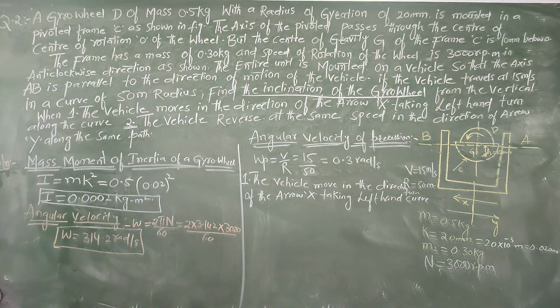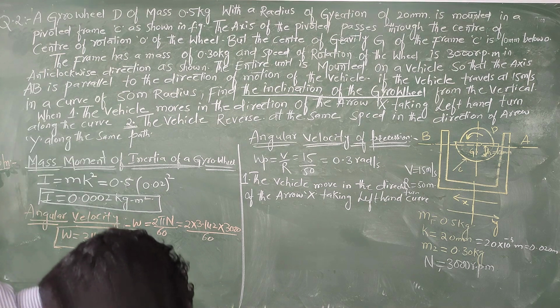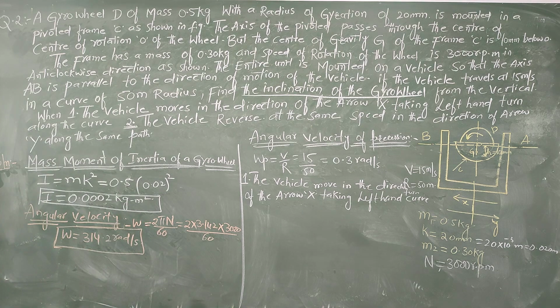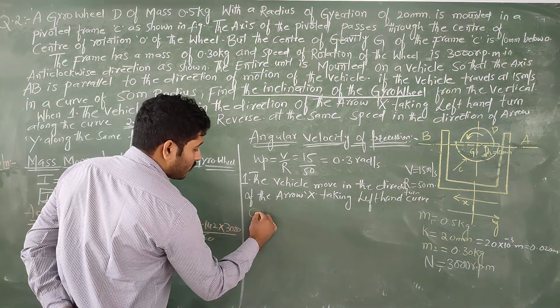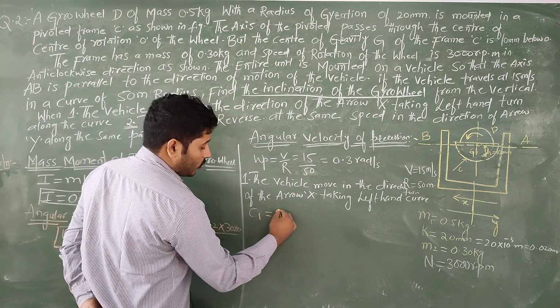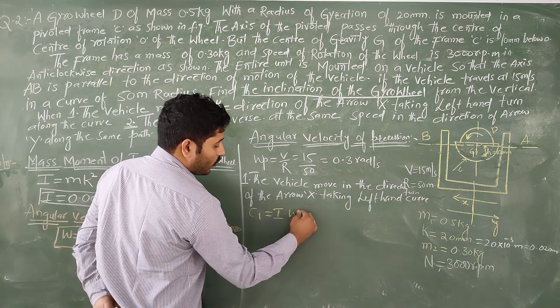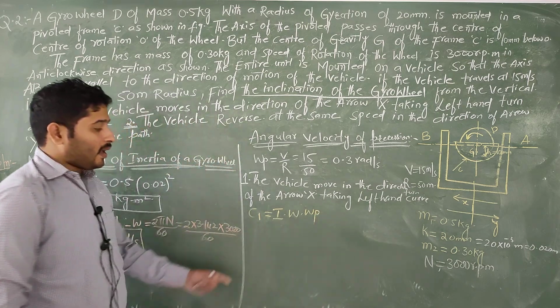Then after that we need to find out the gyroscopic couple value C1, equal to I into omega into omega p.